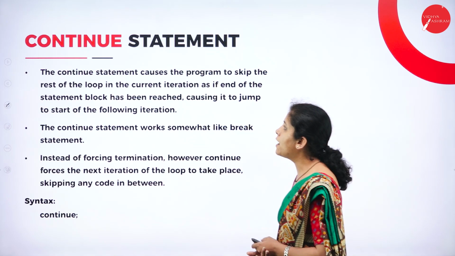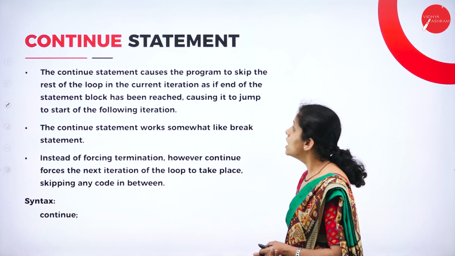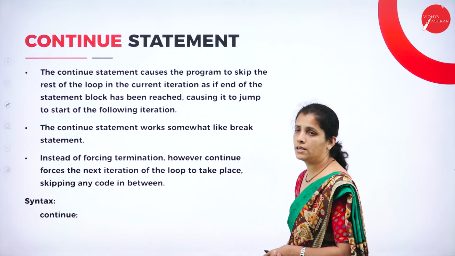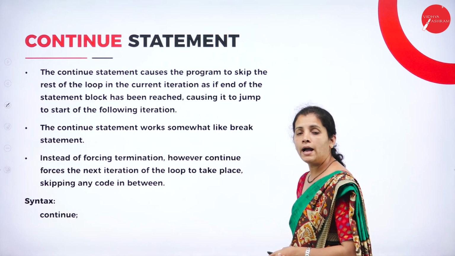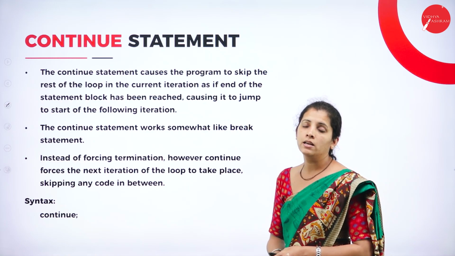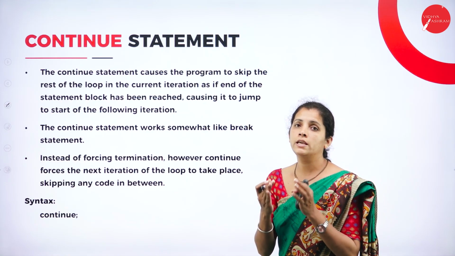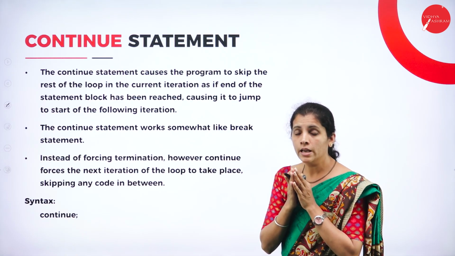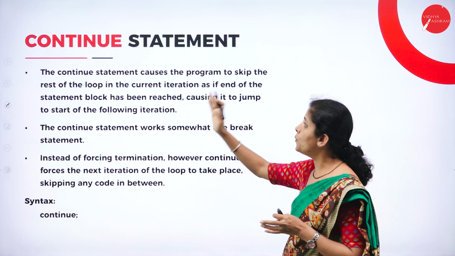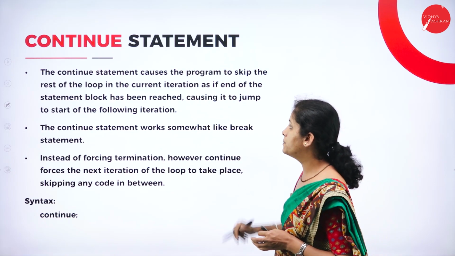Now I'm going to have my next type, that is the continue statement. So what is the meaning of the continue statement? In my iteration statement, sometimes I want to skip a particular line or a particular iteration. At that time, I can go with the continue statement.